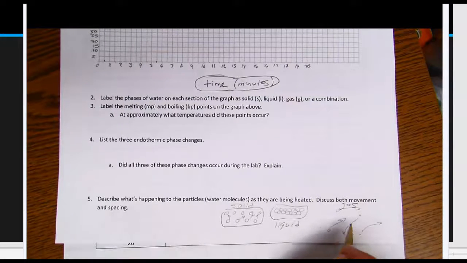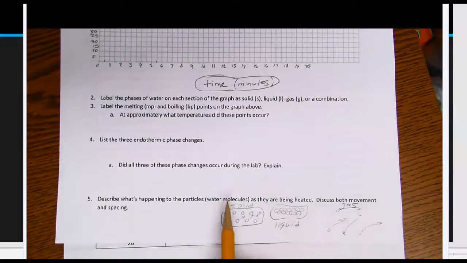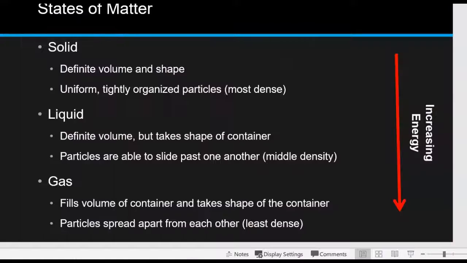So when it says describe what's happening to the water particles, the particles lose energy and then they gain a ton of energy. And then the spacing gets a little bit closer and then it gets very spread out. Hopefully that made sense.